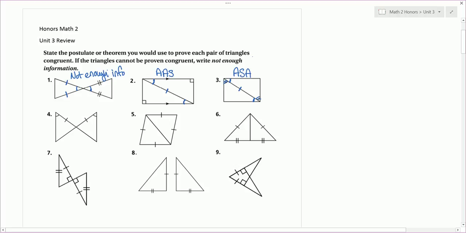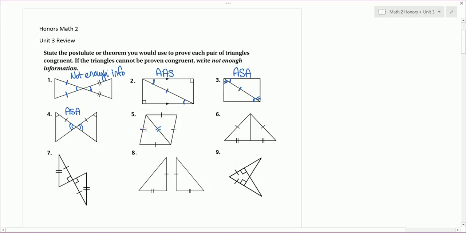Number four, you have two lines crossing, so whenever you have that, you're working with vertical angles that are congruent. Looking at corresponding angles and corresponding sides, we have angle, side, angle congruence. Number five, we have a shared side, and we have correspondence.